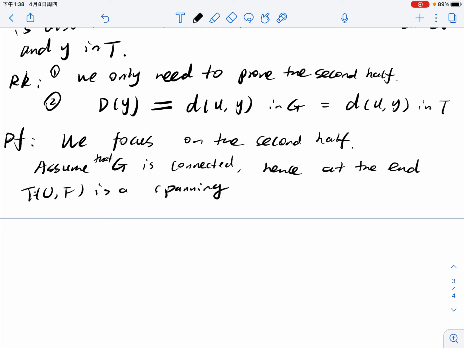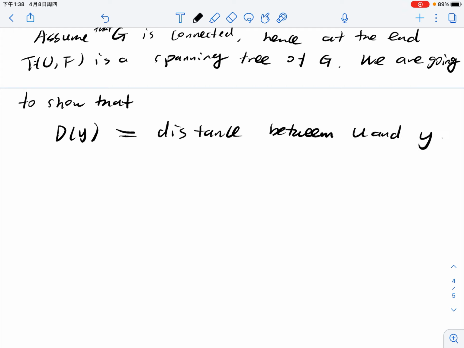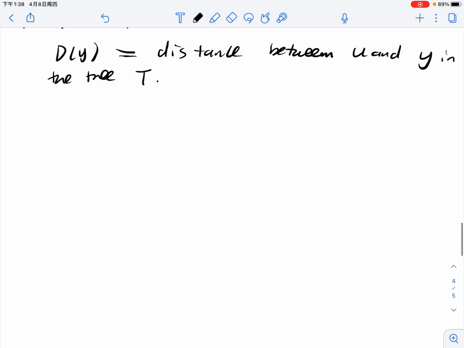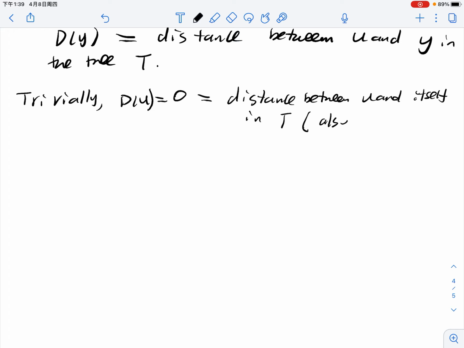So in particular U is V. And then we are going to show that first, dy is a distance between u and y in the tree T. Okay, so first, very trivially, we have du is 0, which is also the distance between u and itself in T, also in G.